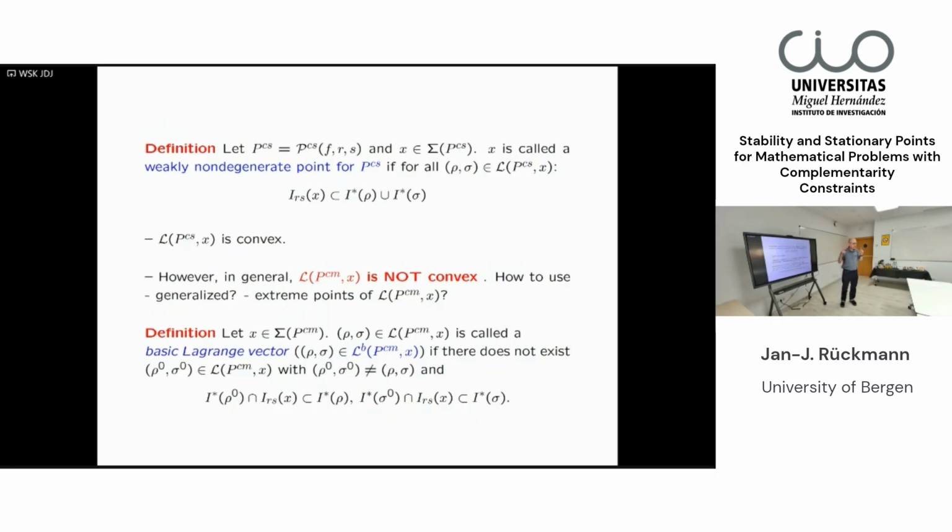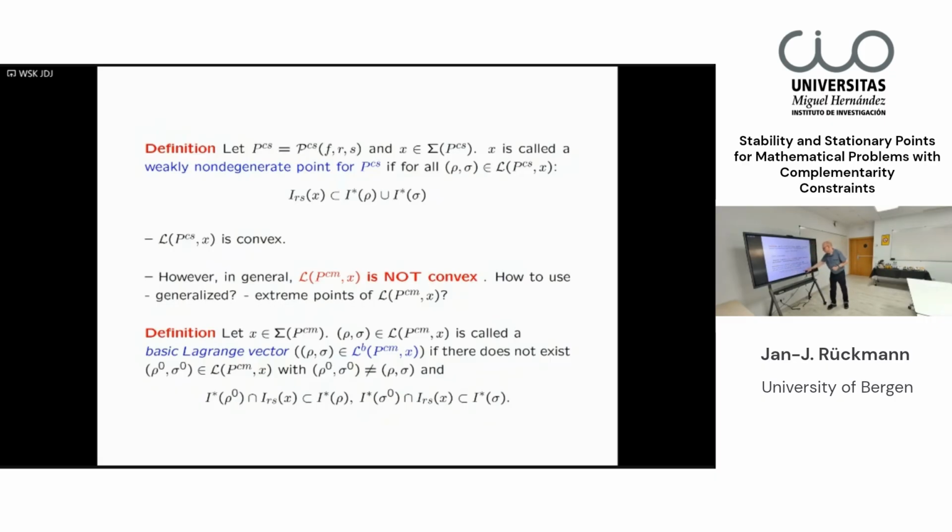As I always have in mind, this is a generalization of the extremal points, the corners of this polyhedron, if there does not exist another element from the set of Lagrange vectors, which of course should be different to the basic Lagrange vector, and it should have this condition here.